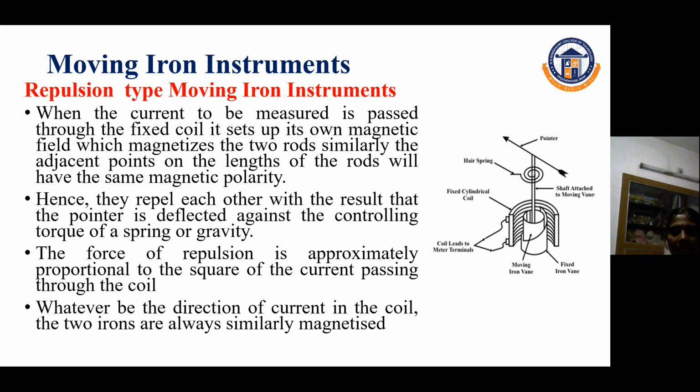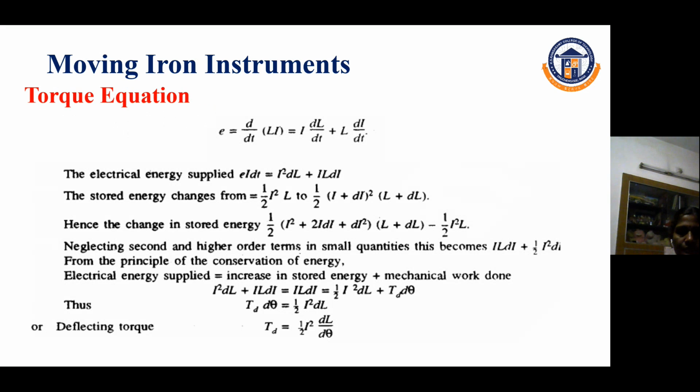Hence they repel each other, and the pointer is deflected against the controlling torque. The force of repulsion is approximately proportional to the square of the current passing through the coil. Whatever the direction of current in the coil, the two irons are always similarly magnetized.